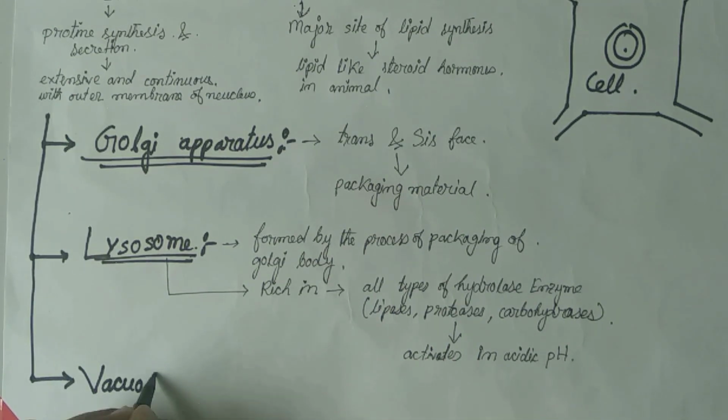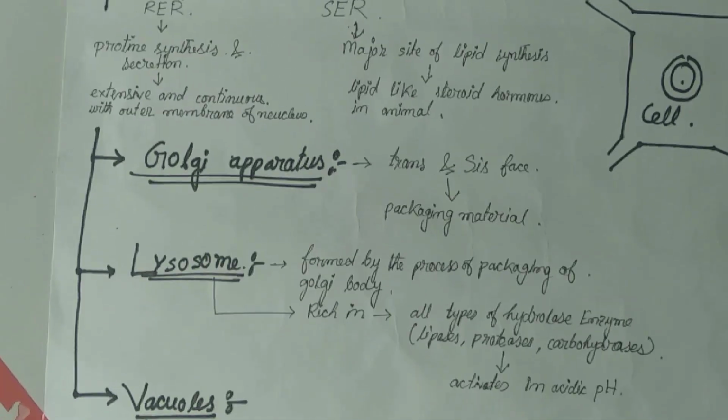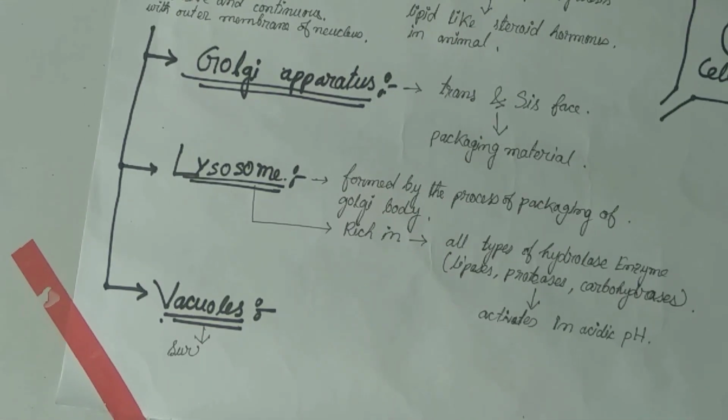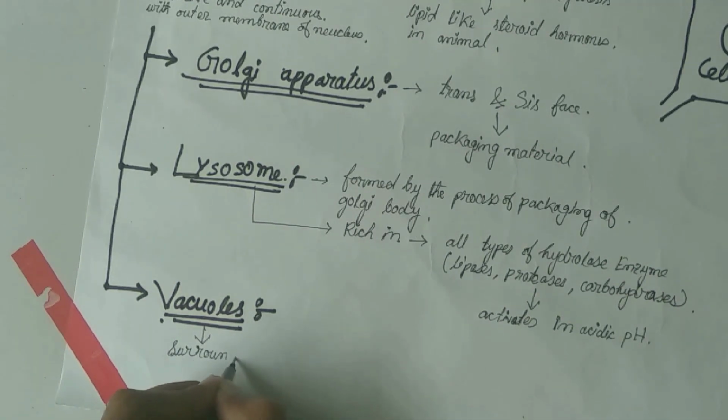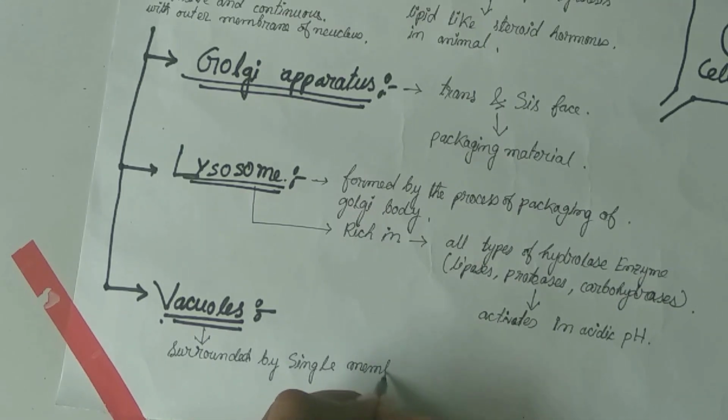After that, we will discuss under the endomembrane system the vacuoles. The vacuoles are bounded by a single membrane called the tonoplast.